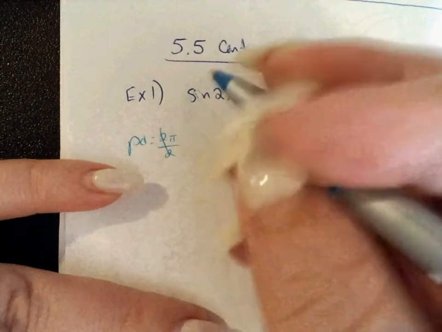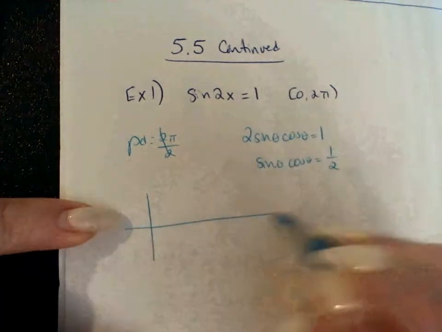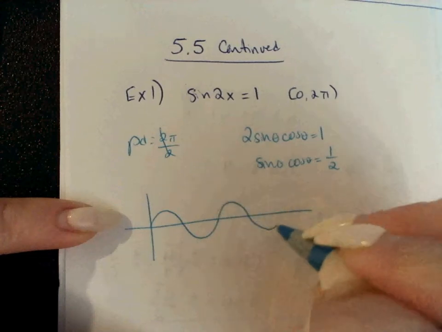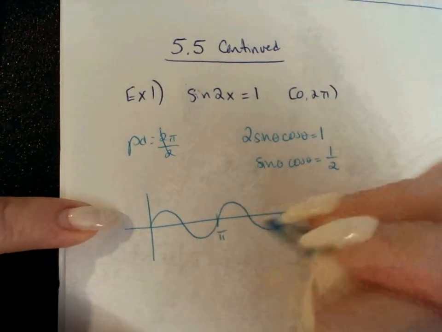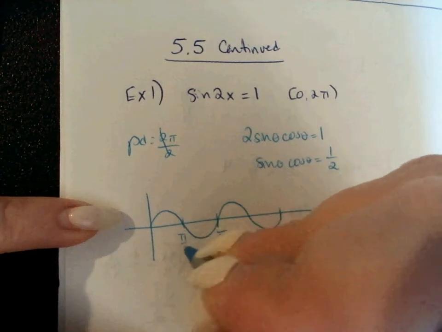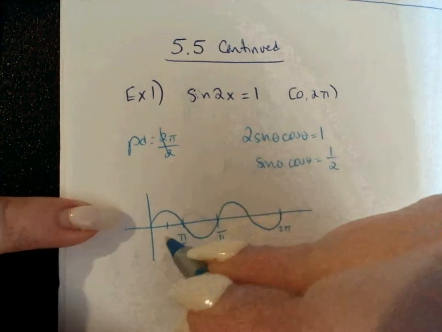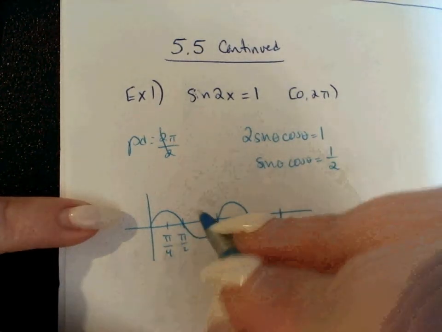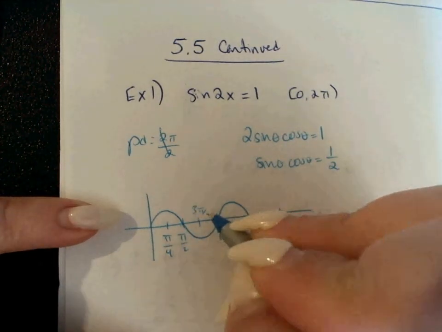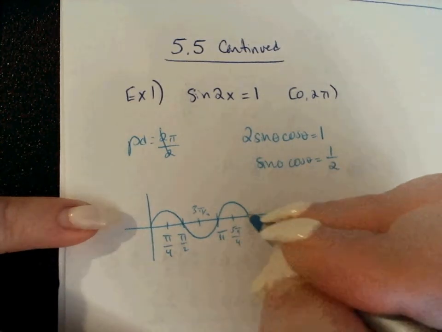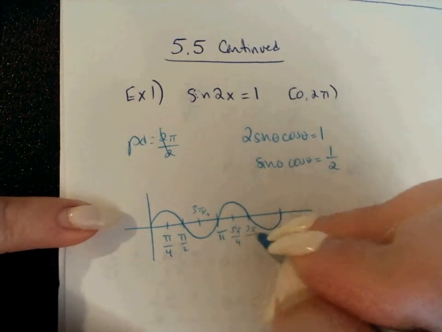So if I graph a sine wave with a period of pi, this is pi, and this is 2 pi. This is 1/2 pi, and this is 1/4 pi. So 1/4, 2/4, 3/4, 4/4, 5/4. This would be 3/2 pi, and that would be 7 pi over 4.